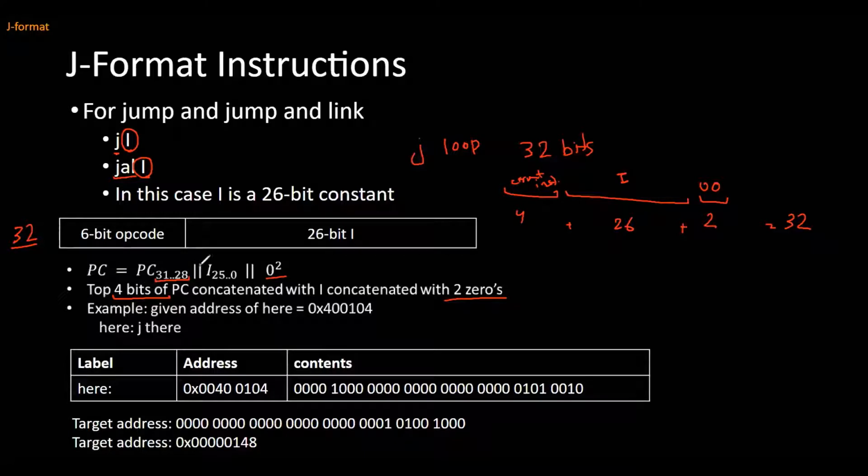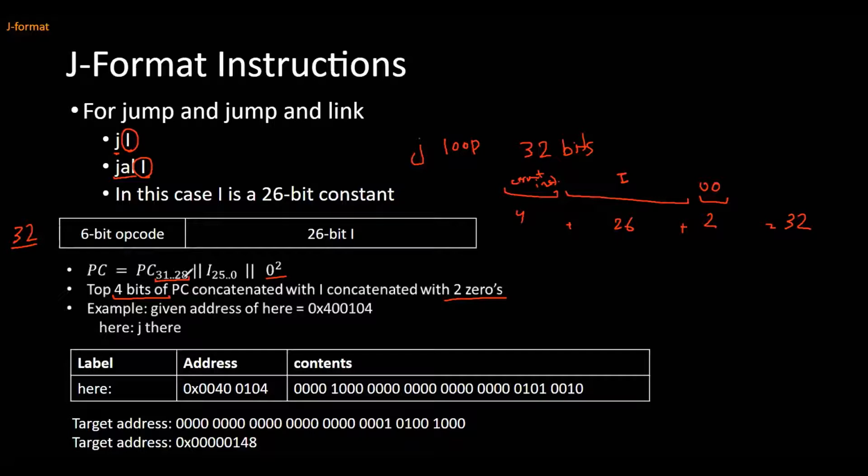So let's look at this notation here. This notation of the OR operator is actually concatenation. So we are just joining these numbers. And these are the bits. When I put 28 to 31 here, that means bit numbers 28, 29, 30, and 31 of the PC, which is the current line or program counter.